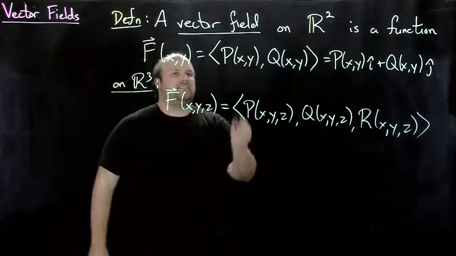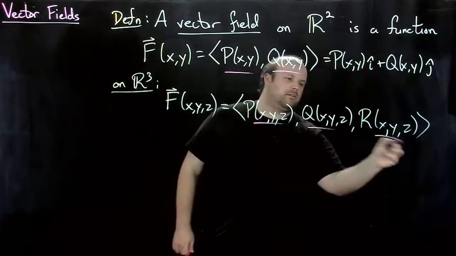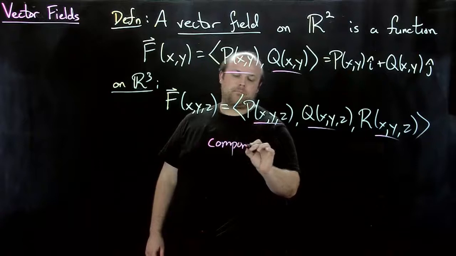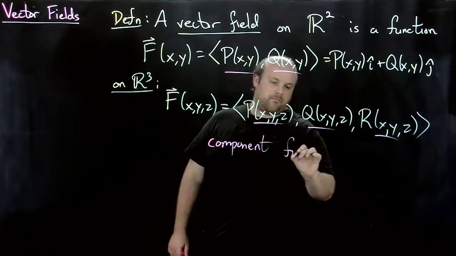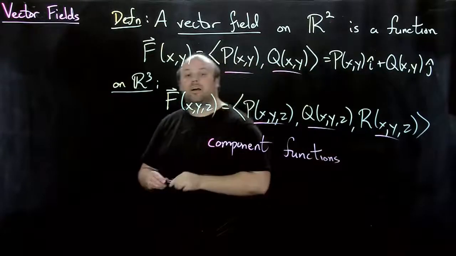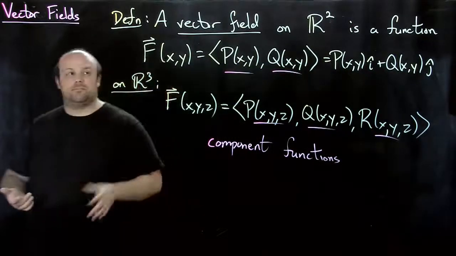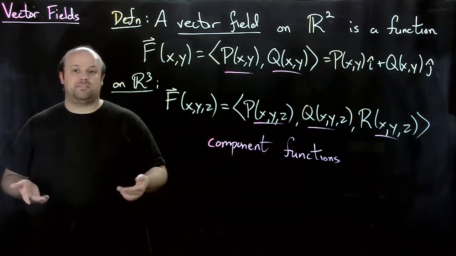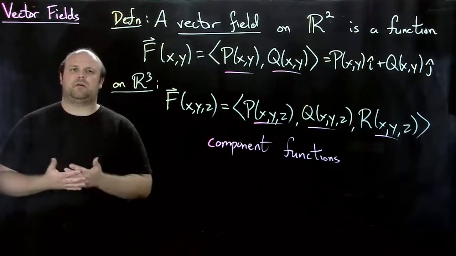Something we can say is these guys here, we call those component functions. Perhaps that's not such a surprising name, since they're functions in the components of the vector, so they're component functions. Probably not a big deal.